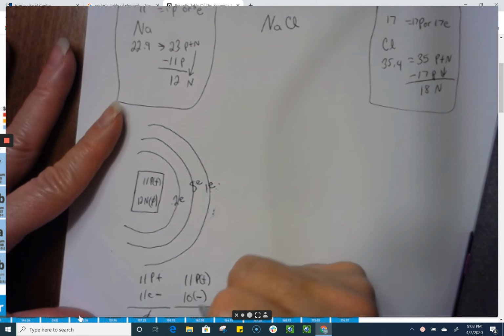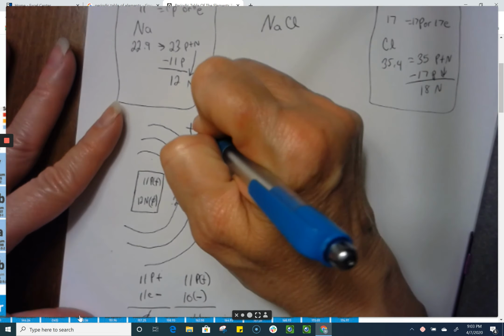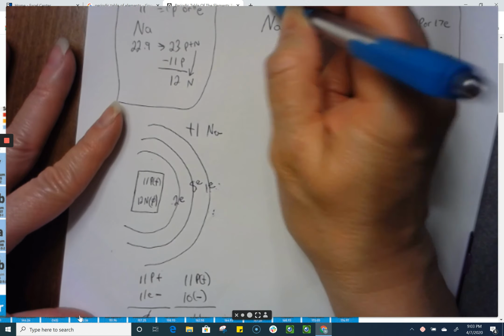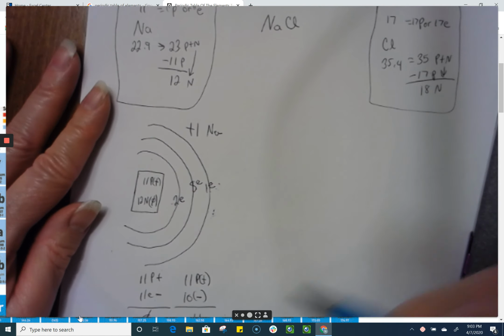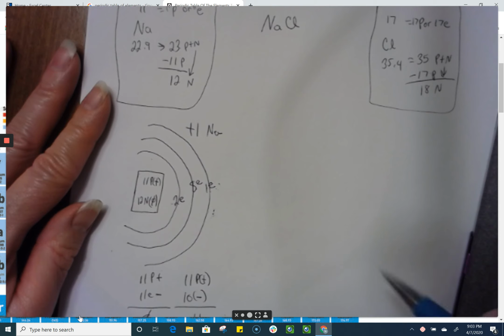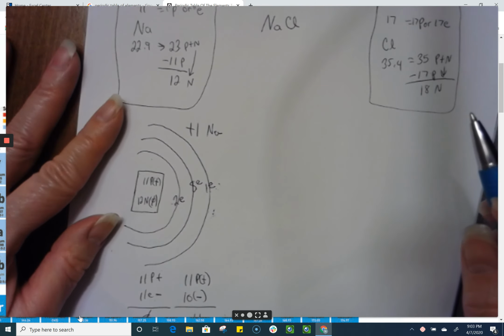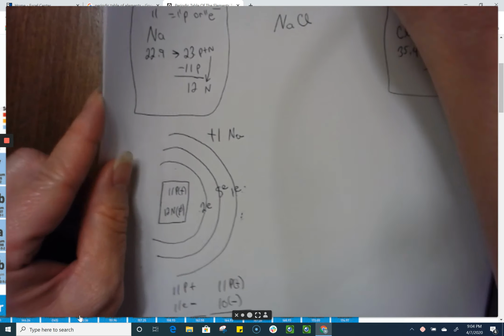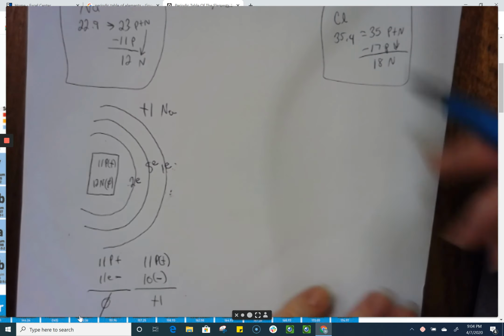And now you have an overall charge of +1. That's how it becomes a charged atom or an ion, an atom with a charge. When it gives away that electron, it loses the negative charge, so then it has an overall charge of +1. So you can already figure out where that electron is going to go. It's probably going to go over here to chlorine.